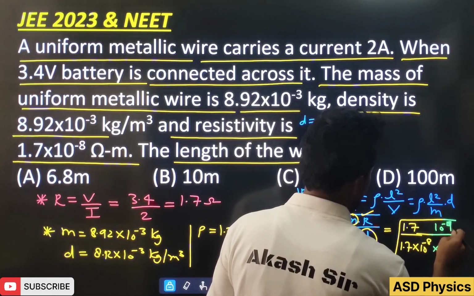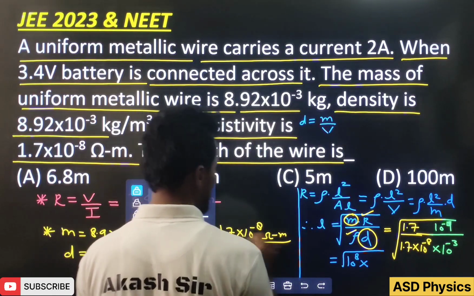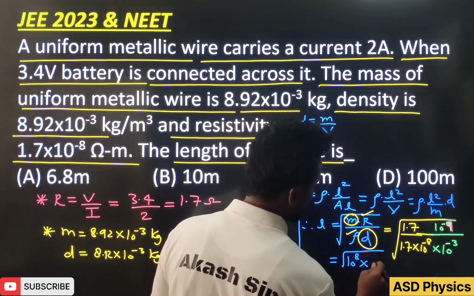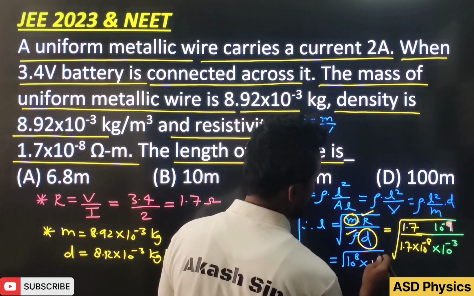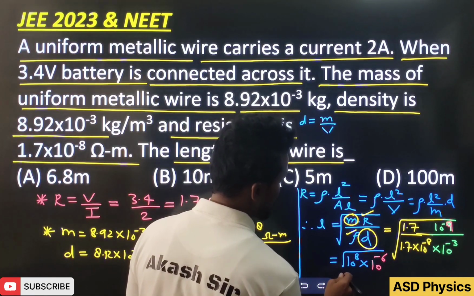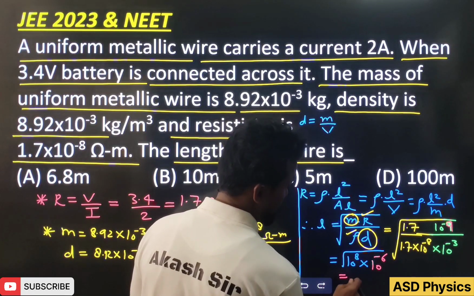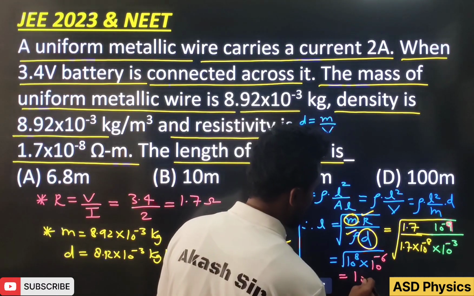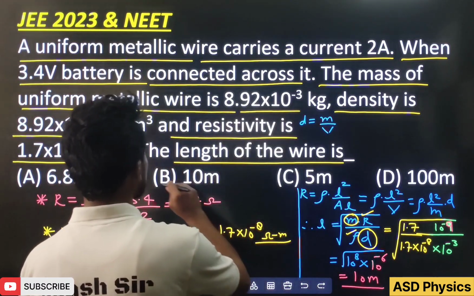This should be minus 9. See here, let me put minus 9. Now a little bit of typing mistake happened. So what will happen here? 10 to the power 3 will go up. It will become minus 6, and what will come here? It will come 10 power 2, and the length will be what? Square root of 10 power 2. How much is it, students? It will come here, 10 meter. Okay, the correct answer is what?